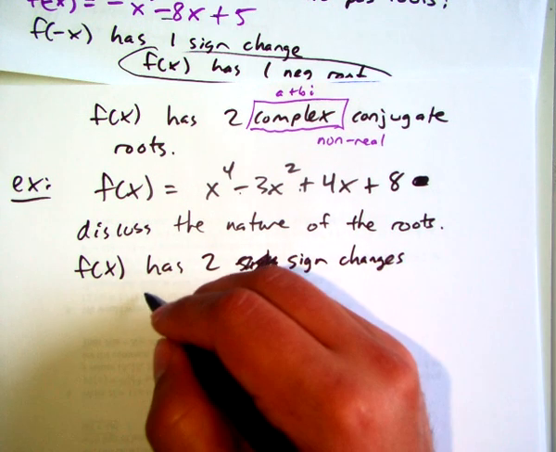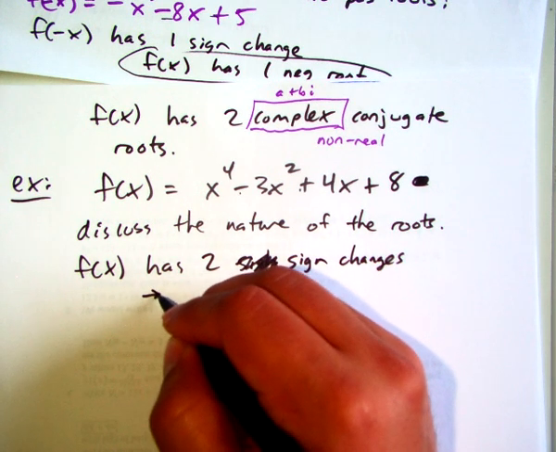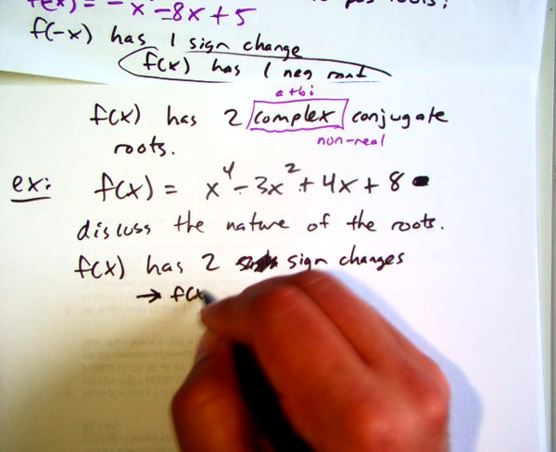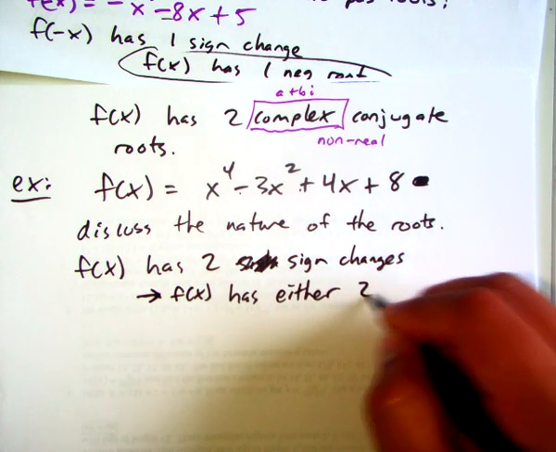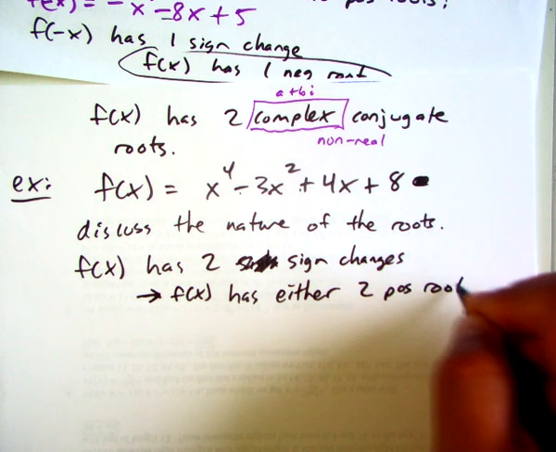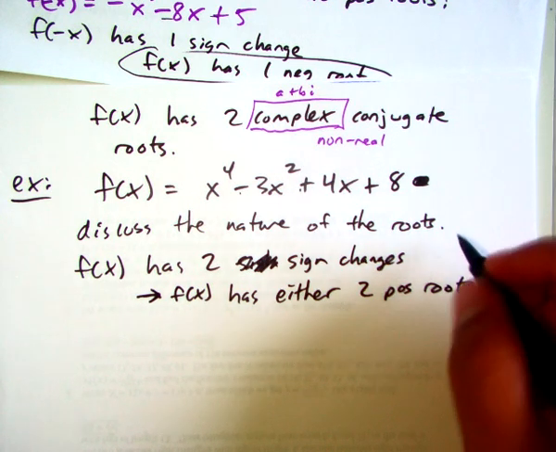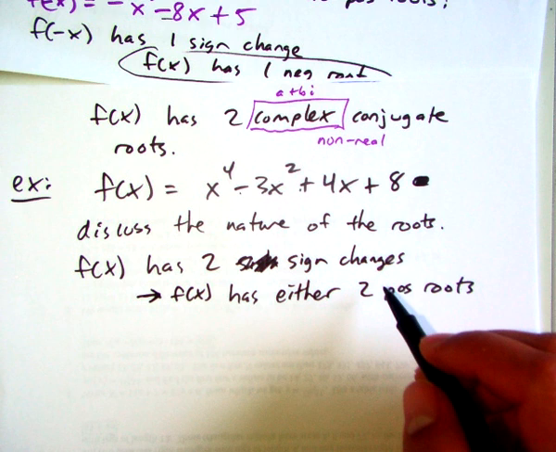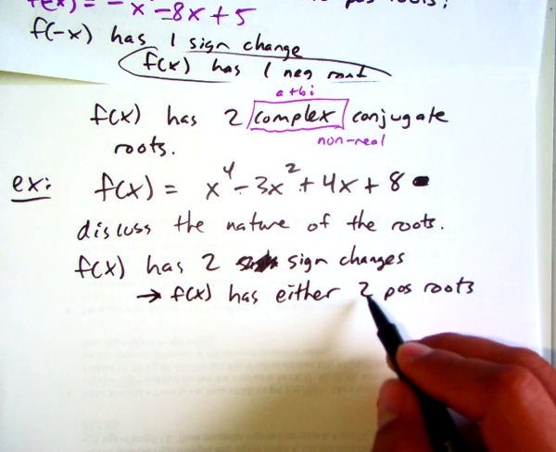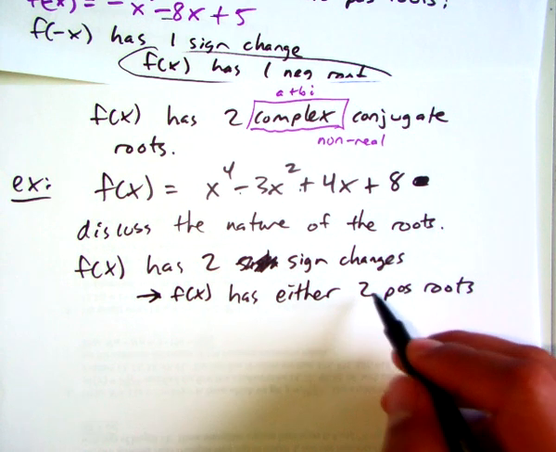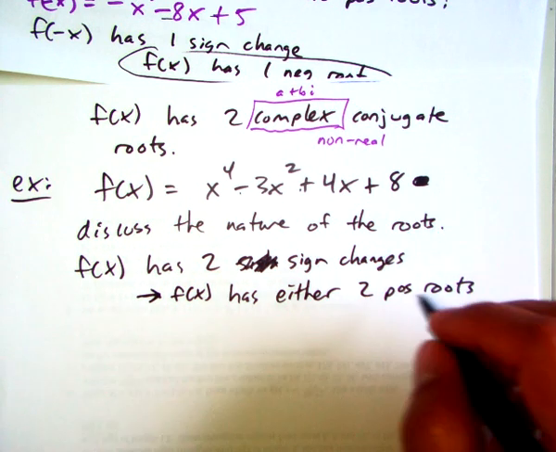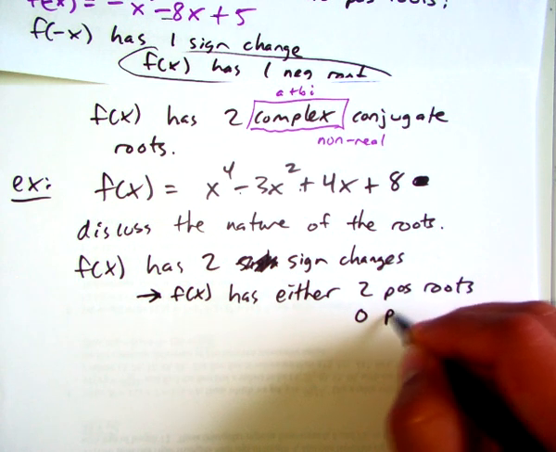So that means that f of x has either 2 positive roots, and don't forget that Descartes' rule of signs says that it's equal to the number of sign changes, or maybe it's less than this by an even amount. So if you subtract 2, it's possible that there's 0 positive roots.